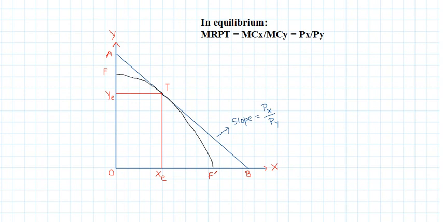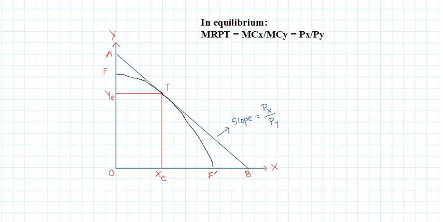The general equilibrium is given by point T, and the two firms are in equilibrium producing output levels YE and XE. These levels of output of X and Y are equivalent to the slope of the PPC curve, which is equivalent to the ratio of prices of X and Y.